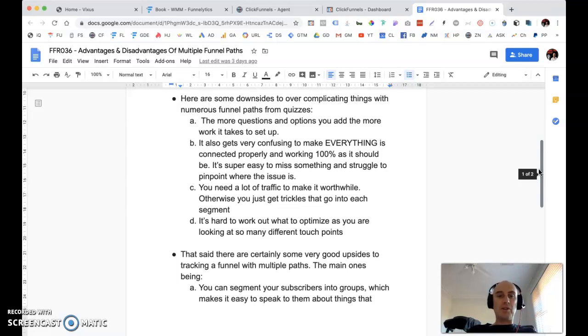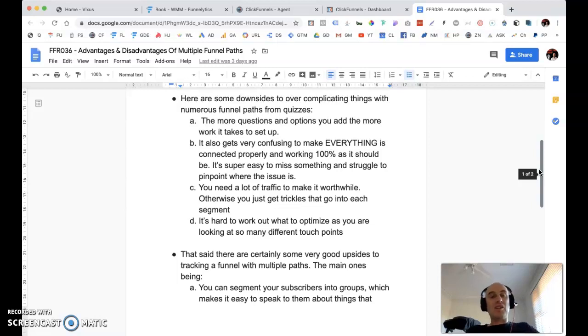then it's definitely worth it. But for somebody that's just getting started and wants to launch a funnel and start to get some results, then from personal experience, to set up an especially complicated quiz funnel is a lot of work, and it can get quite confusing and quite frustrating.